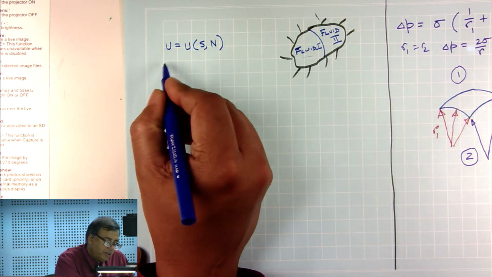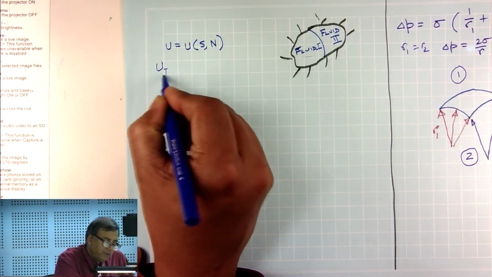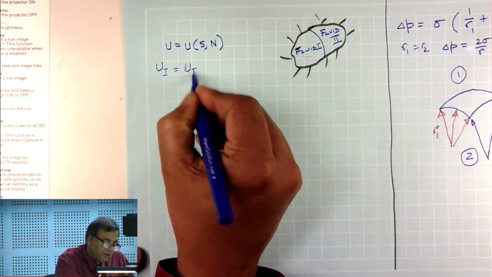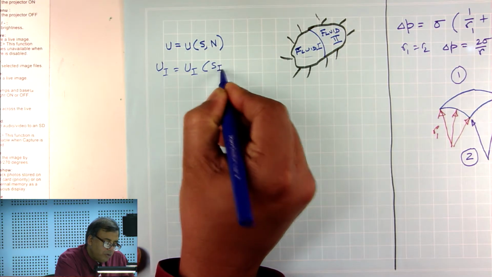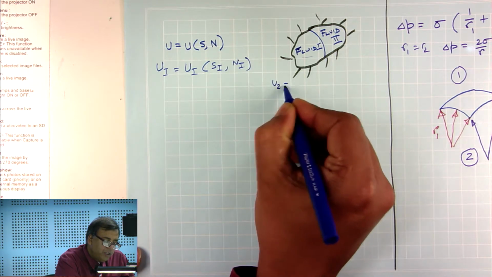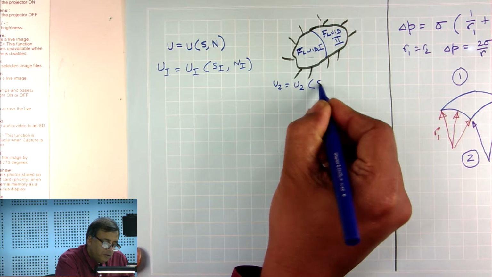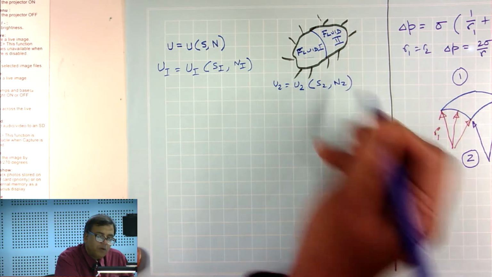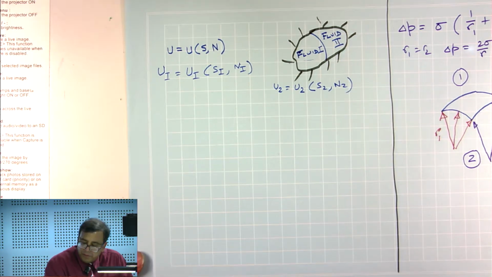So, U1 will be equal to a function of the number of molecules and the entropy, and similarly my U2 will be equal to a function of the number of molecules and the entropy of the system, right.